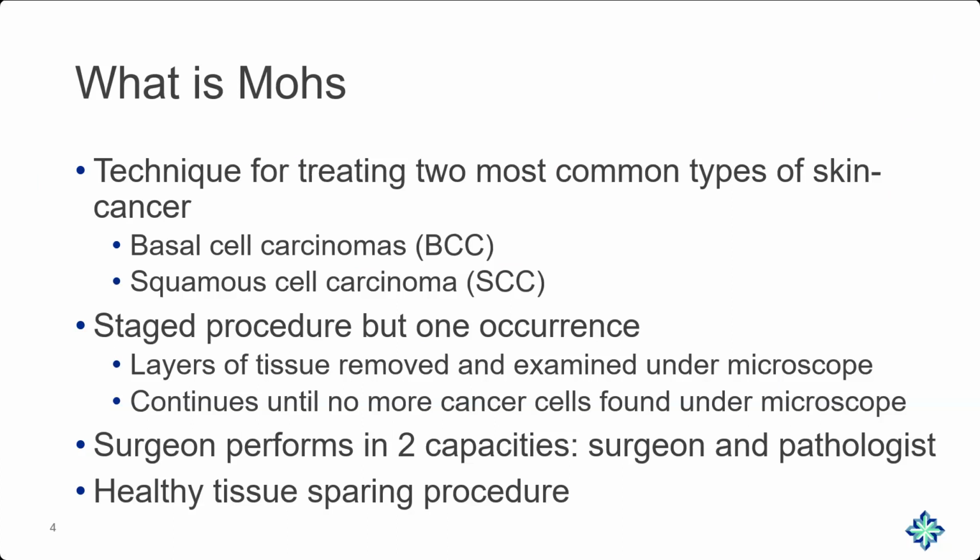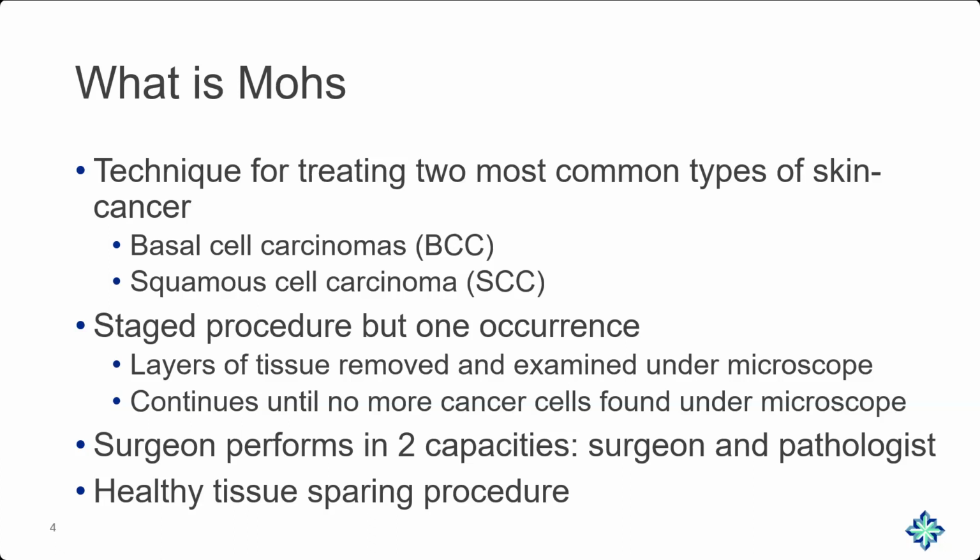So further excision is then performed until all margins are cleared. So the physician performing MMS furnishes both the surgical and the pathological services. For example, the excision and the histologic evaluation of the actual specimen.